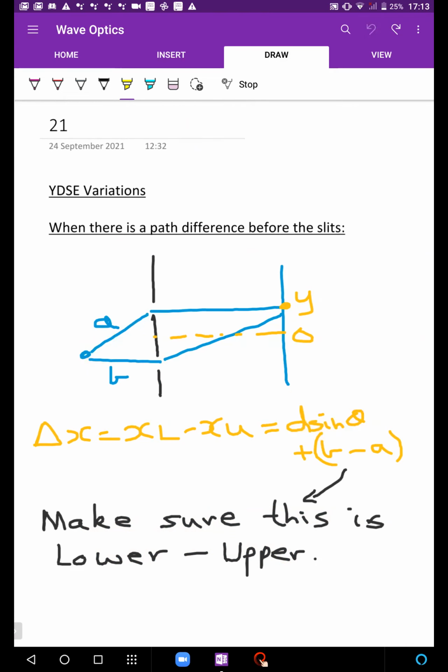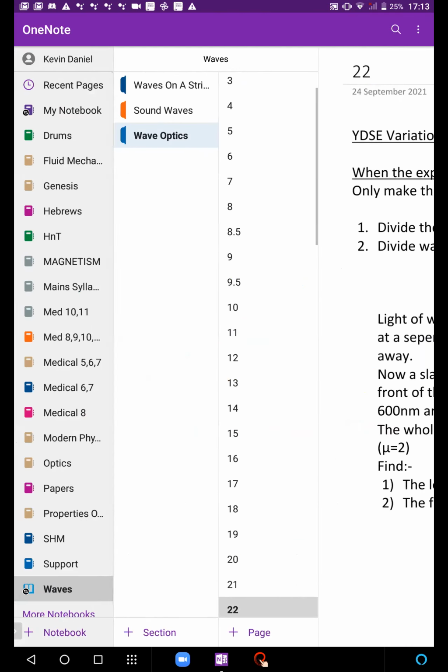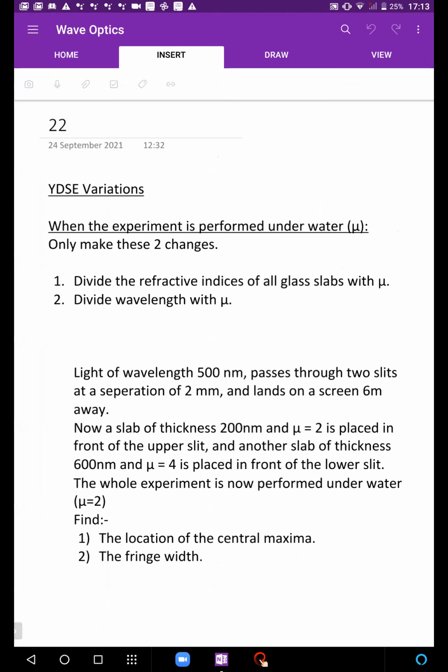ठीक है, तो ये सब मिला के मतलब धीरे धीरे they can add some variations, some complexities to YDSE. Still, overall, it should be easily doable. Last variation they can add is they can put the entire thing under water.